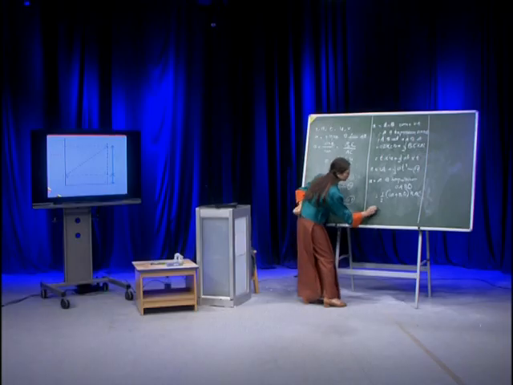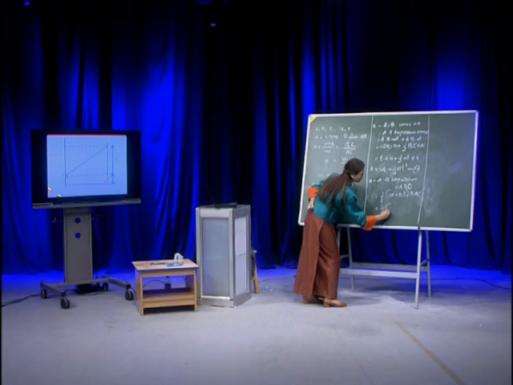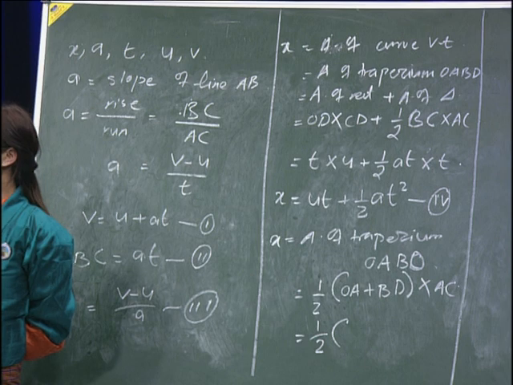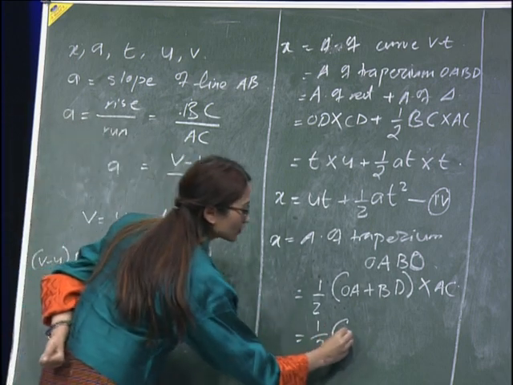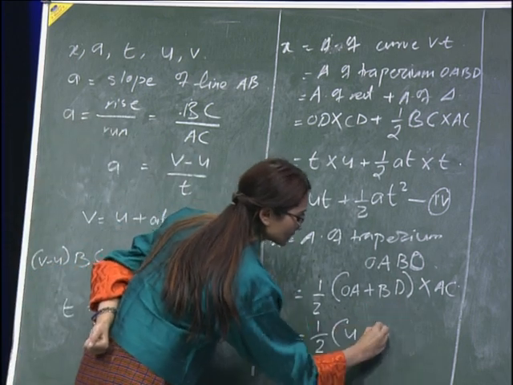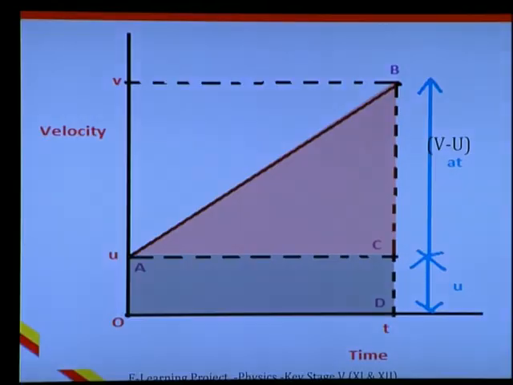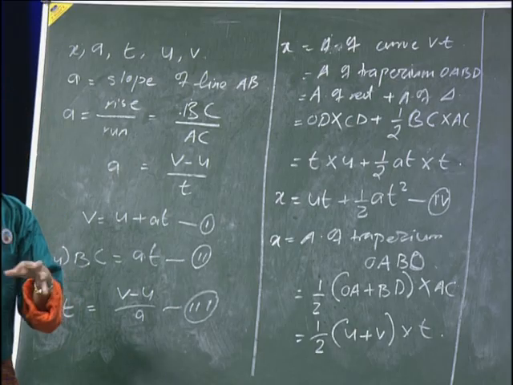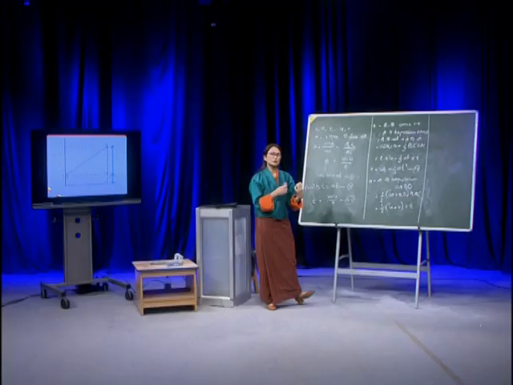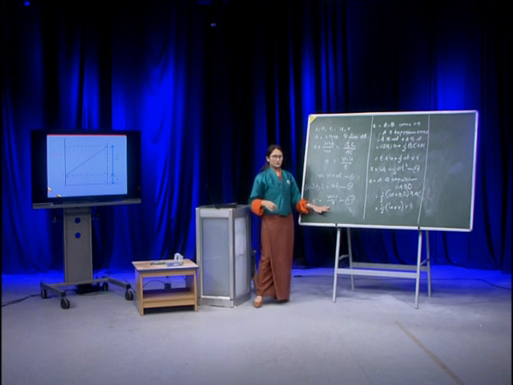Okay. Now, half times our OA is U and BD is V. Then we have AC is T. Okay. Now, we will play with this equation using the one which we have already considered from our first equation.